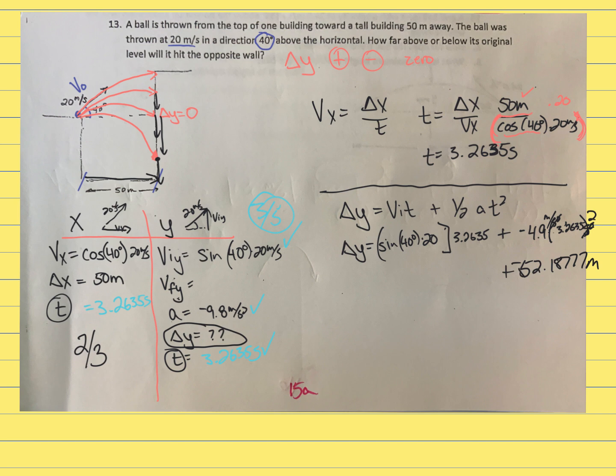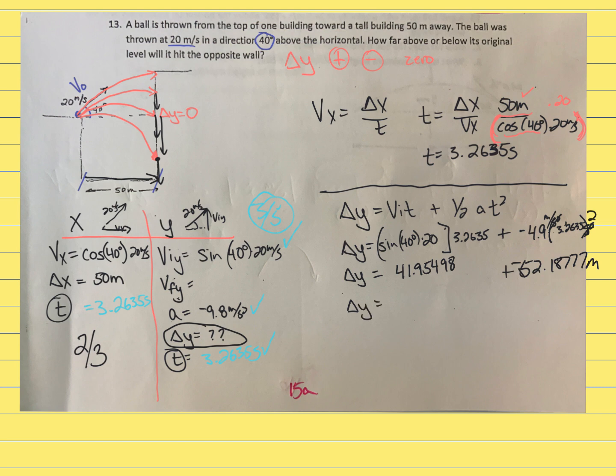Okay, there's my time multiplied by sine 40 times 20. And on this side, the first term, I get 41.95498, again carrying extra decimals so as not to worry about rounding error.